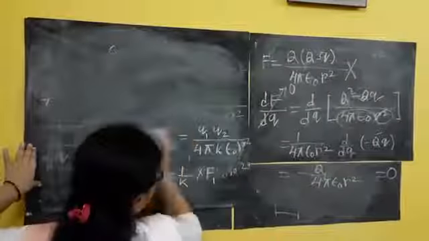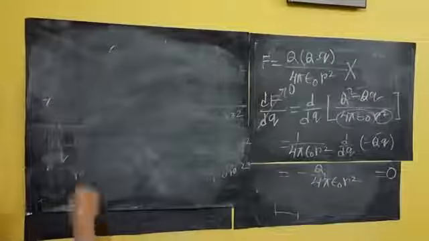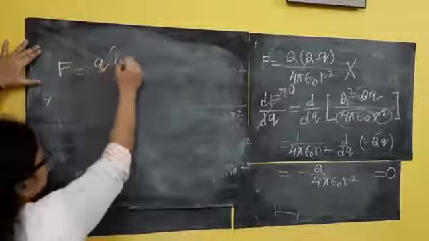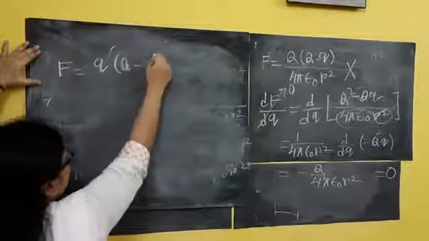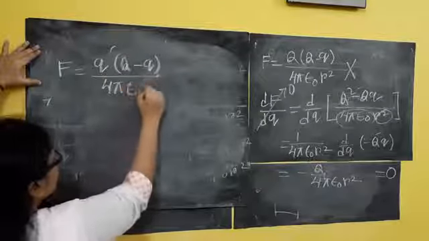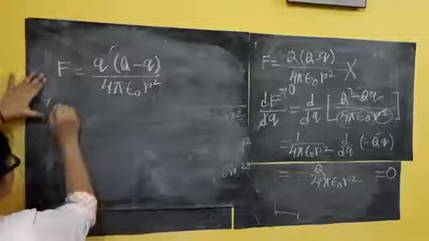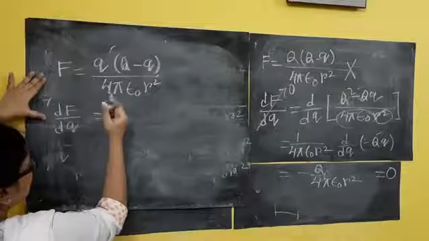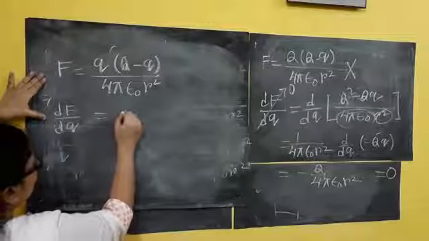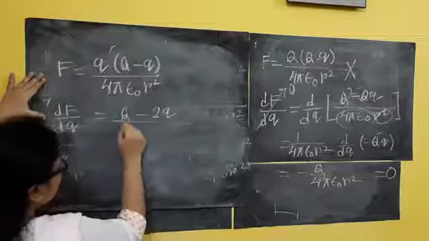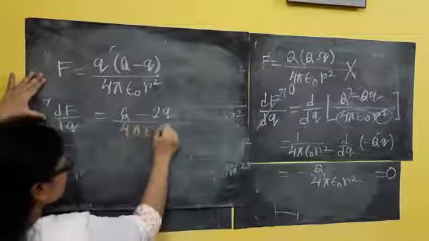See, the same aspect, just with a little change. That is, F will be equal to small q that I am having, times the remaining, Q minus q, by 4 pi epsilon 0 r square. Done. So do the differentiation dF by dq. I am having Q minus twice q by 4 pi epsilon 0 r square.